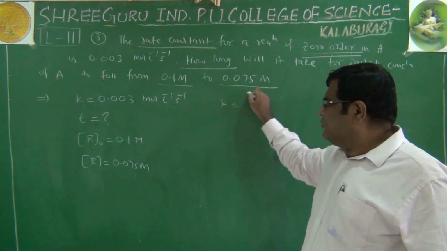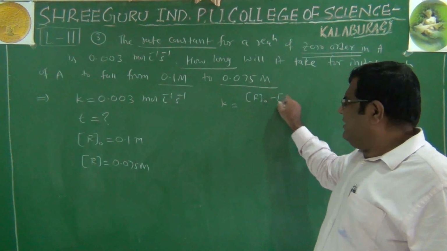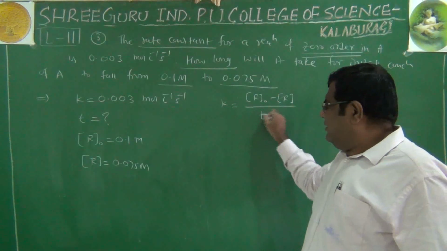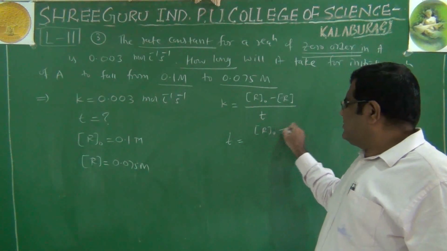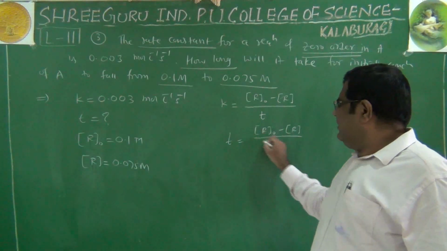So k equals (R0 minus R) by t, and t equals (R0 minus R) by k.